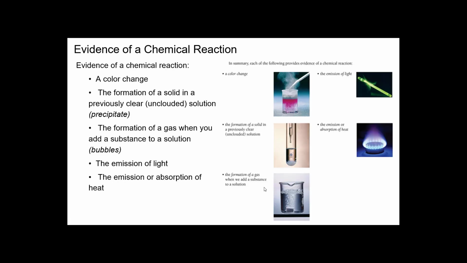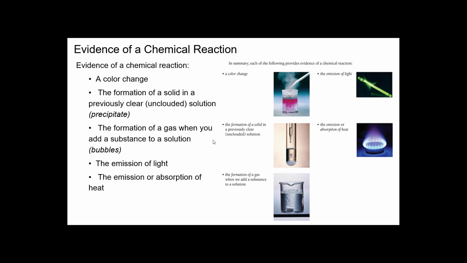Evidence of a chemical reaction can be a color change. If we were in person, you would do a titration lab. You would see a very visible color change. You would work with a clear solution and then it would turn pink. The formation of a solid in a previously clear, unclouded solution is a precipitate.